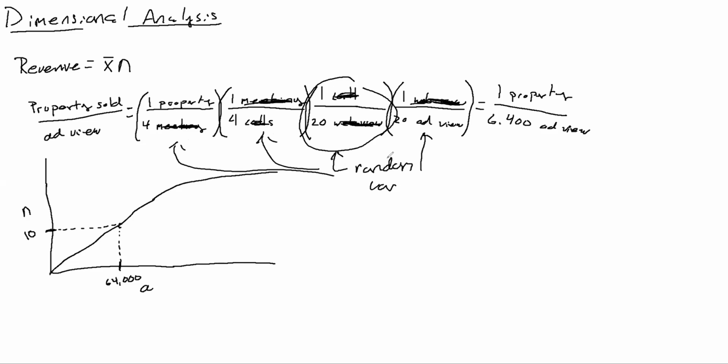Even though they're random, and even the parameters themselves are random, we can break it down through dimensional analysis and see the different pieces of this. What are the different pieces of getting that one more property sold? Or what are all the pieces involved in order to sell that new vehicle or whatever it is that you're trying to sell?